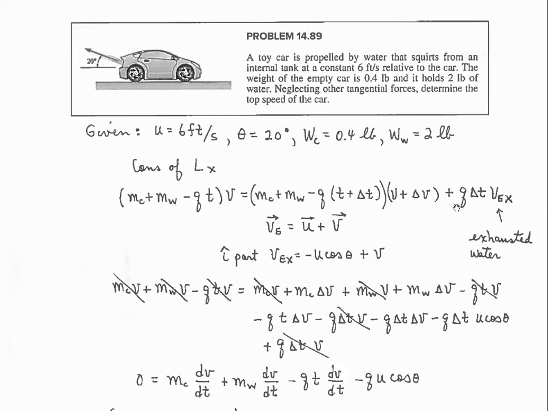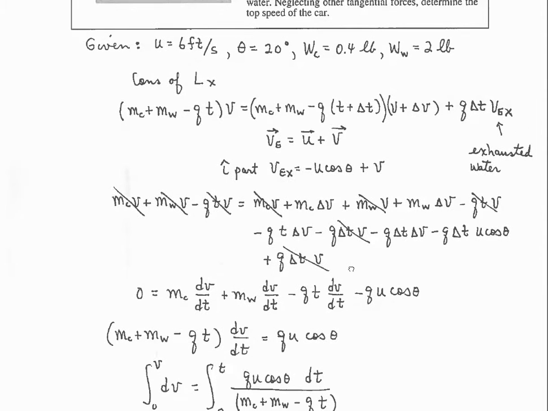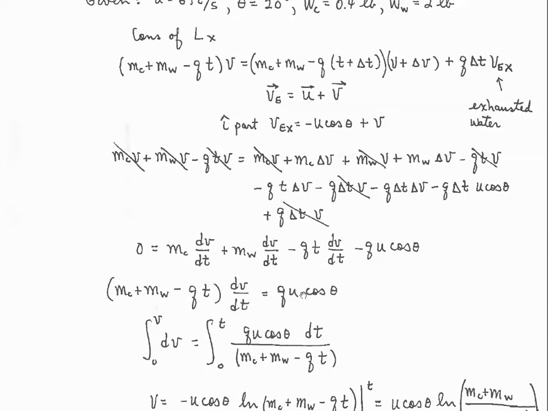And then q delta t times the v, and that's that term right there. Well, you can see that several terms cancel out. And basically, you're left with the equation of m_c, mass of the car, times dv/dt, plus mass of water times dv/dt, minus qt dv/dt, minus qu cosine theta. So if you get the dv/dt terms together, you've got this right here.